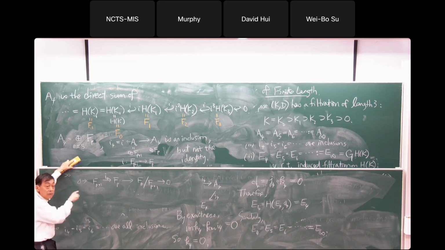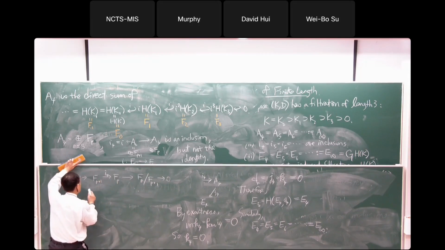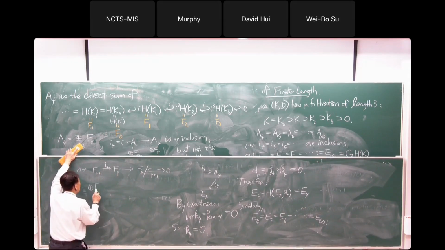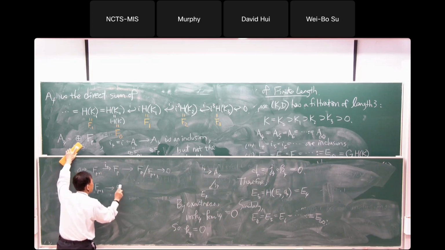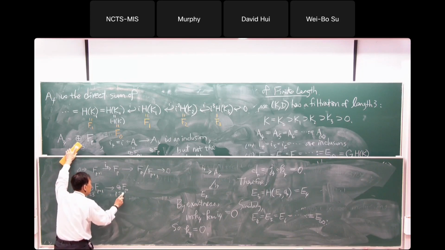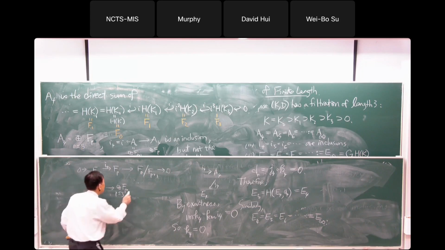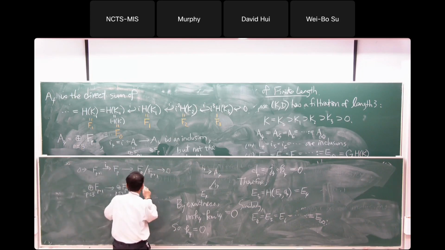And then if you sum it up over all p less than or equal to 3, you get this.